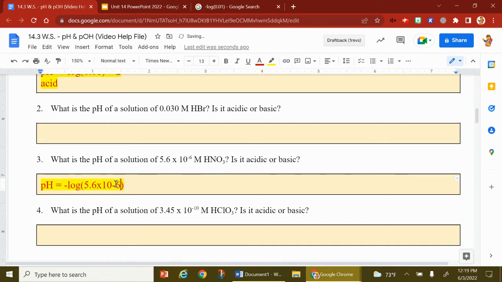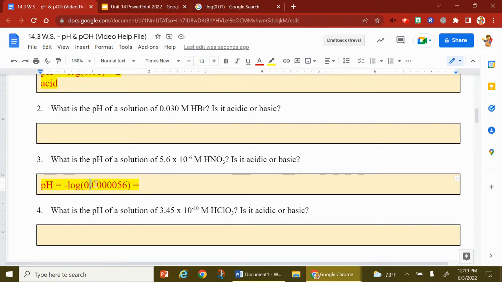Now this number right here, by the way, is in scientific notation, all right? But it could also be 0.0000056. Remember, log is just how many times you have to bounce the decimal to get this number to equal 1.